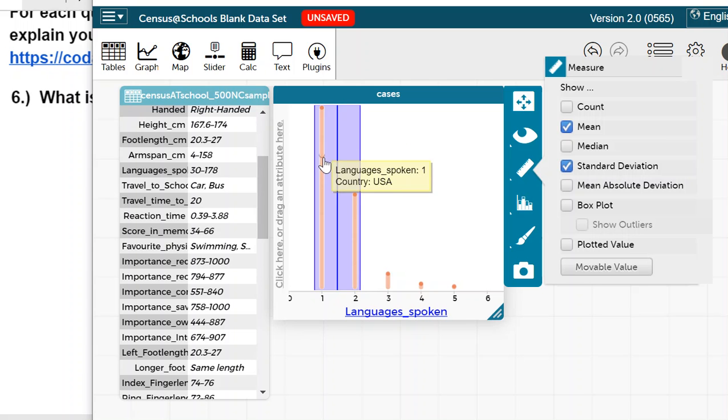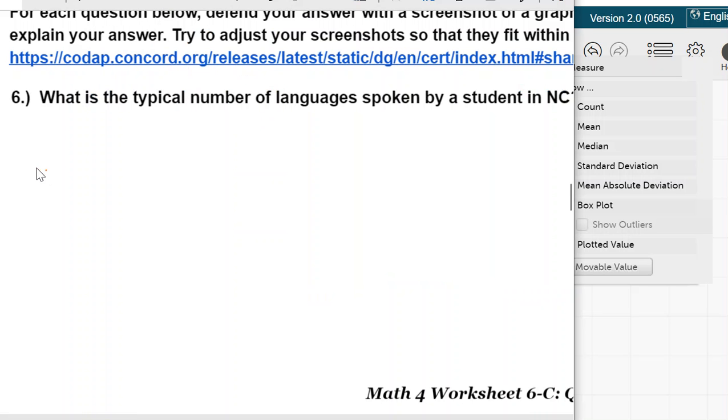So you might as well say 1 and 2. And so, perhaps our response is that most speak 1, many speak 2, and then there are a few that speak more. That may be our best response to this.